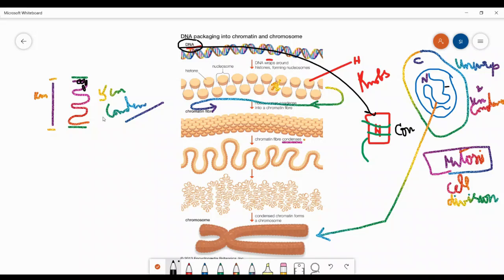This is packaging. So that is how condensation takes place.